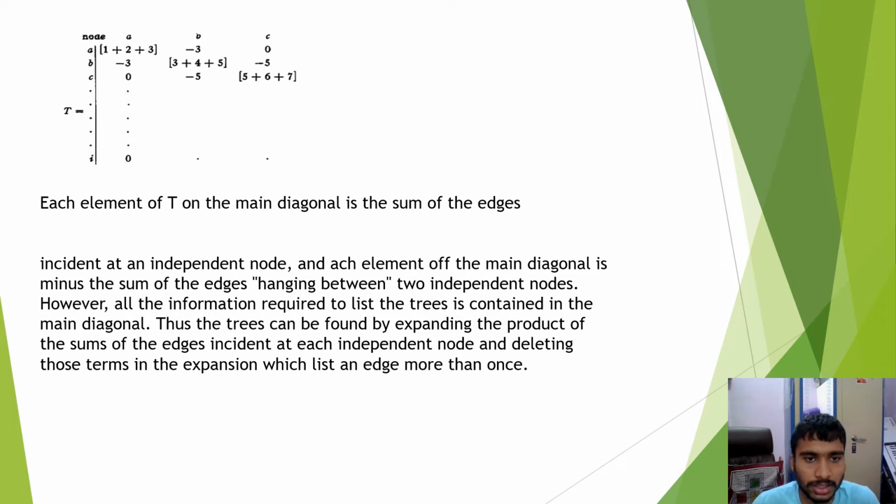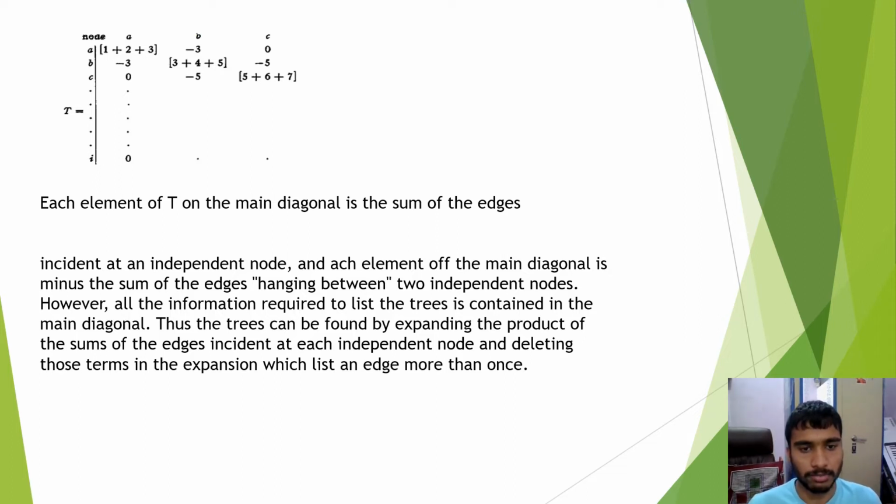Each element of T on the main diagonal is the sum of the edges incident at an independent node, and an element off the main diagonal is minus the sum of the edges between two independent nodes.